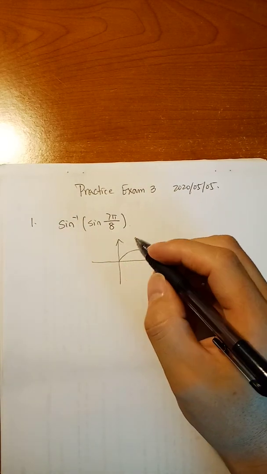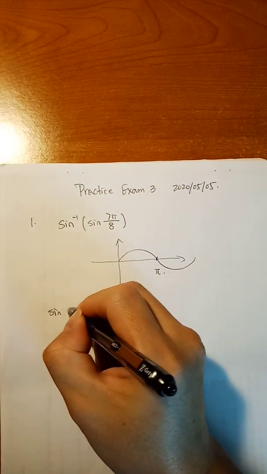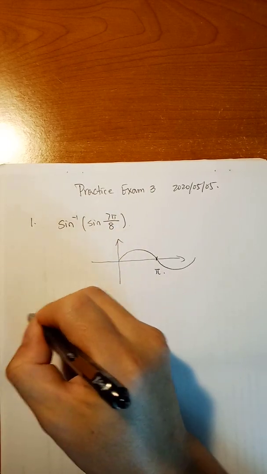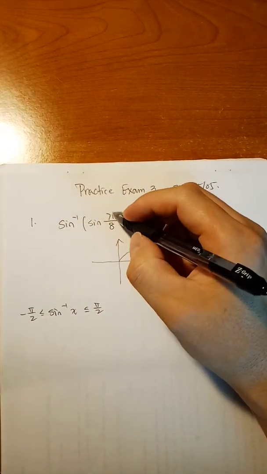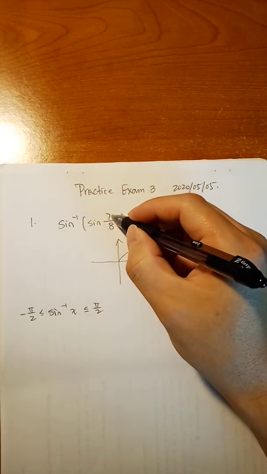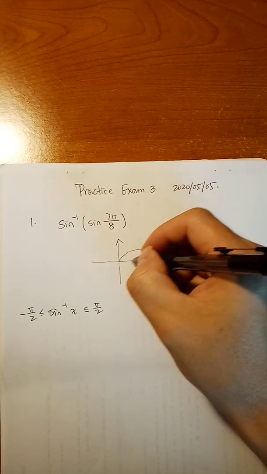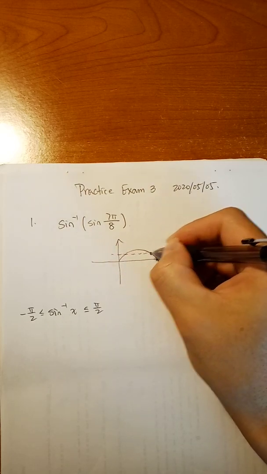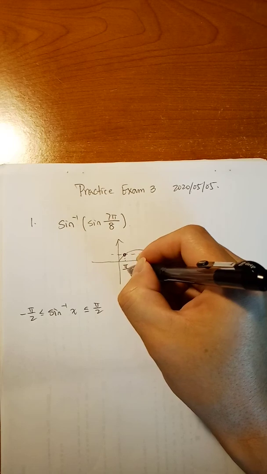First of all, sine inverse has a range from negative pi over 2 to positive pi over 2, so its value cannot be outside of it. Here, 7 pi over 8 is more or less this place. It's not in this range, so you have to find the corresponding point between the range. This is pi over 8.